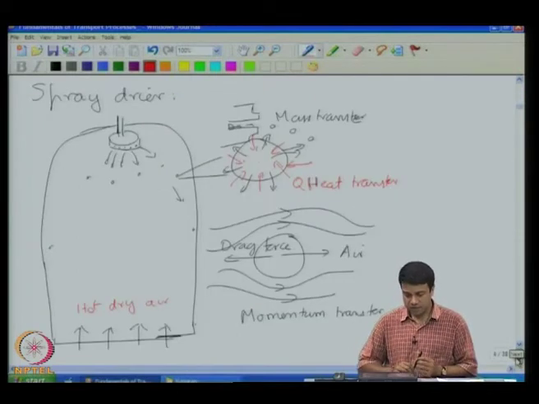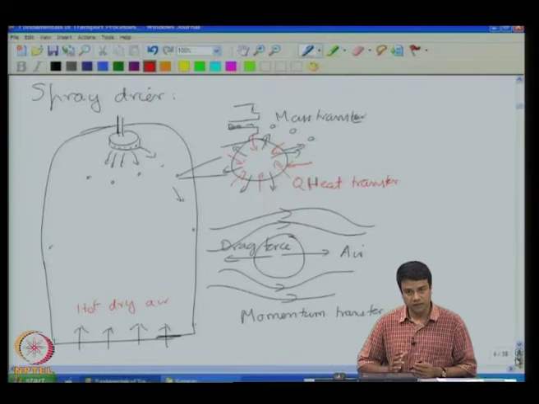Similarly, in the problem of the spray dryer that I had talked about, the mass that is transported from the catalyst surface to the outside, or the heat that is transported into the droplet, both of these have to be transported due to diffusion, because there is no fluid penetrating the surface. So, there is no fluid velocity perpendicular to the surface. Transport perpendicular to the surface has to happen due to diffusion.